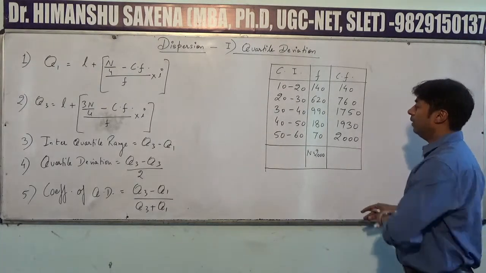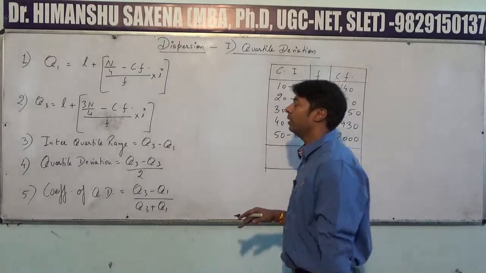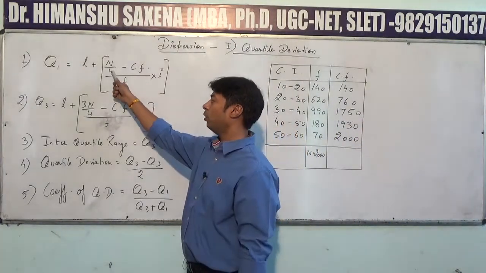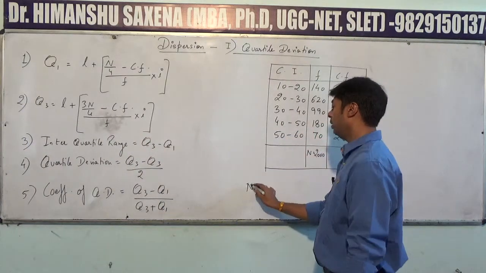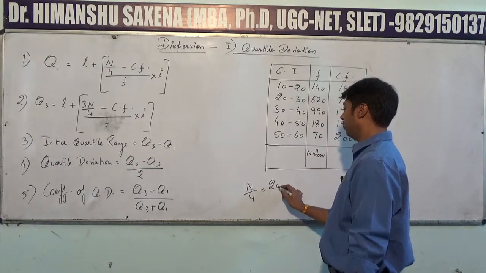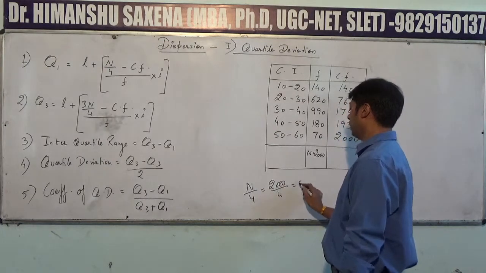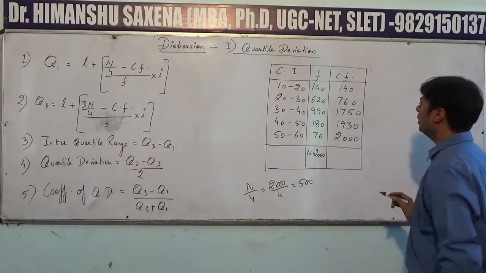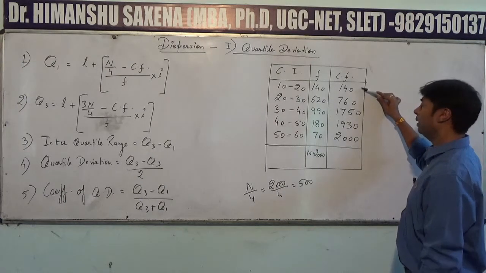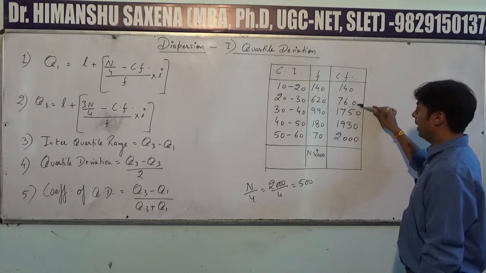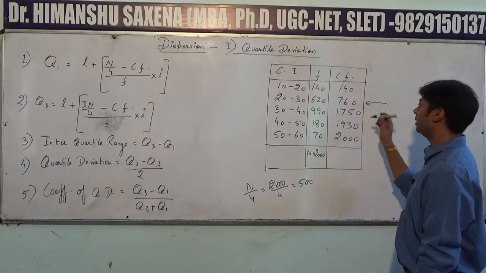Next, after we do the total of cumulative frequency, we have to calculate the value of N by 4 and 3n by 4. So first of all, N upon 4, it is 2000 by 4, that is 500. Now see, where is this 500 lying? 500 is not lying in this class interval, it is lying in the next class interval.